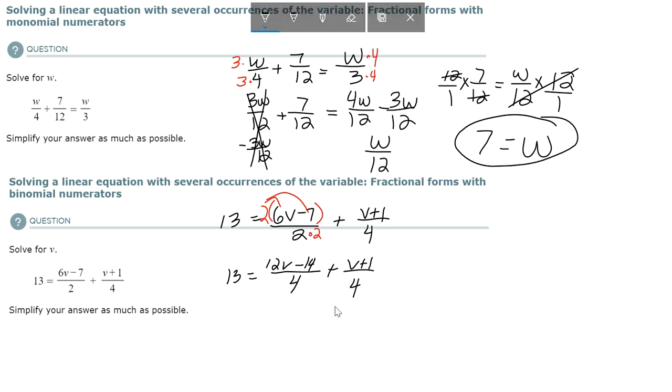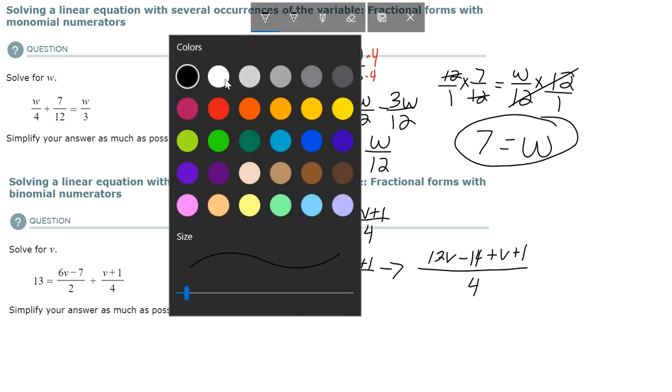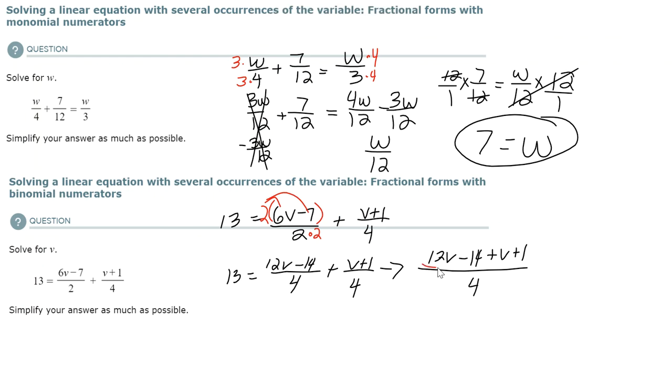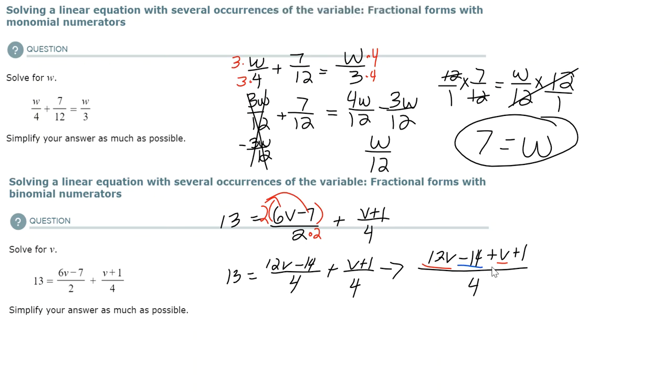Now we're adding these two fractions and they have the same denominator, so I can go ahead and write it over one denominator, 12v minus 14 plus v plus 1 all divided by 4. That's not the nicest way to write it. The reason is we have like terms. So we have 12v and 1v, and we also have two constants, negative 14 and positive 1.